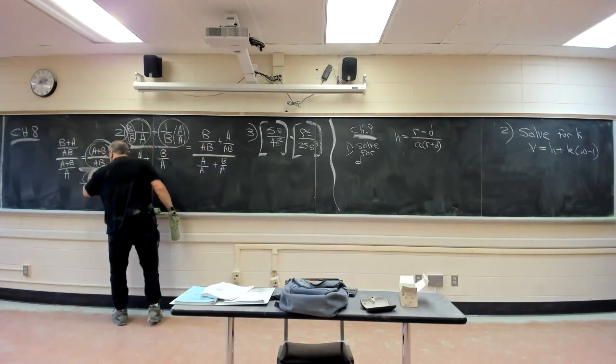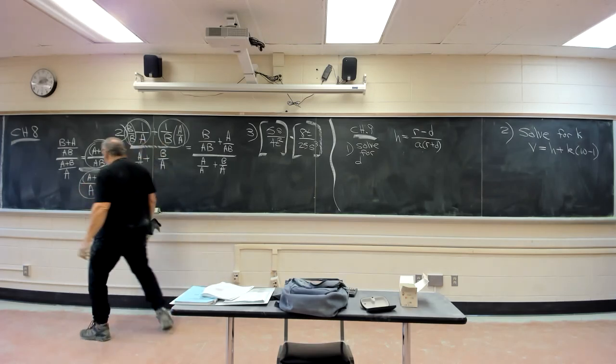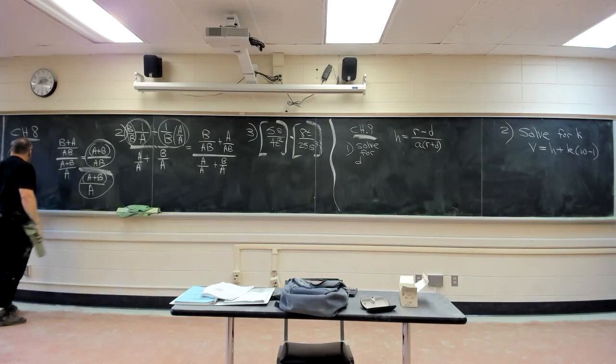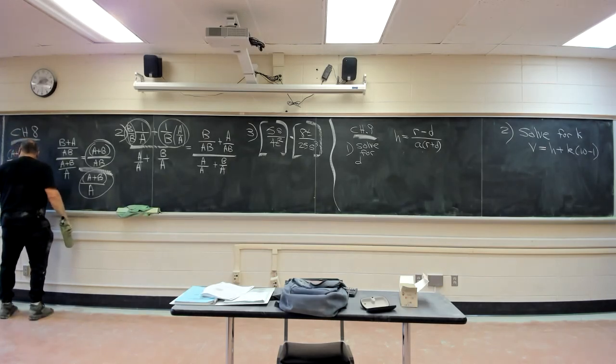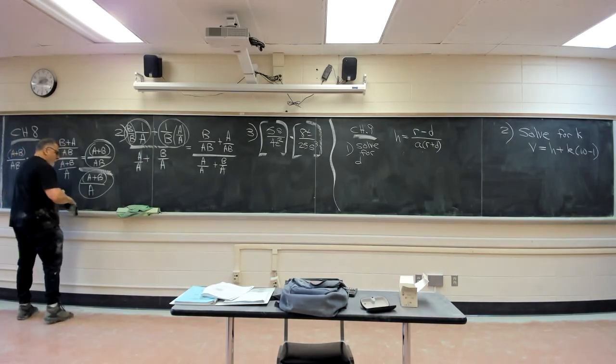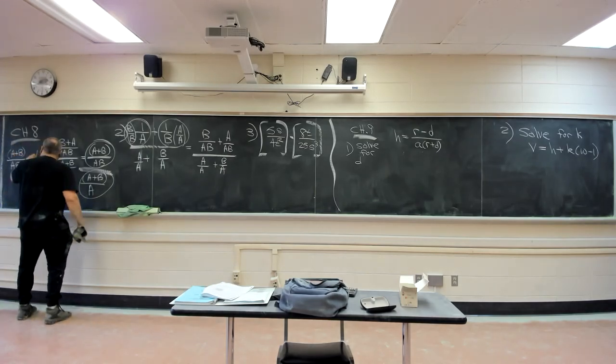A fraction divided by another fraction is the first fraction left alone multiplied by the reciprocal of the second fraction doing the dividing.